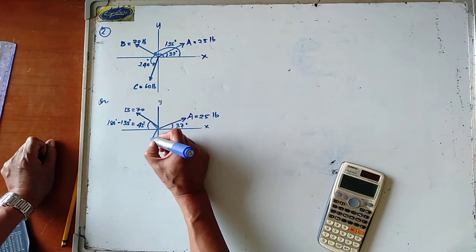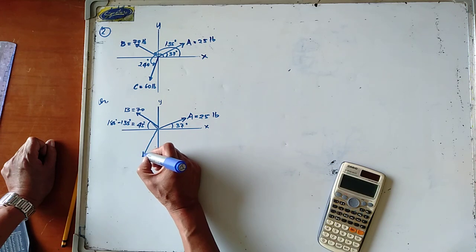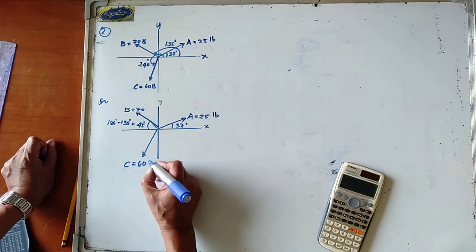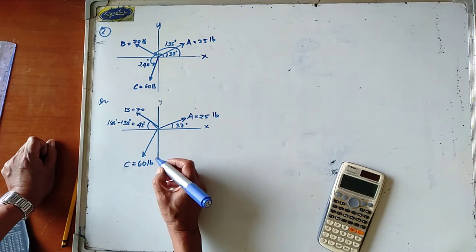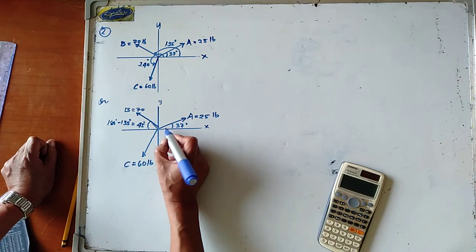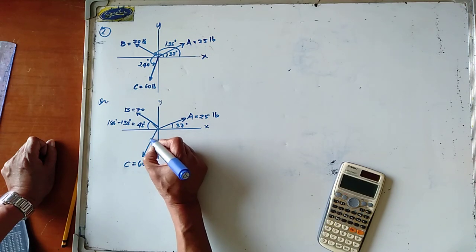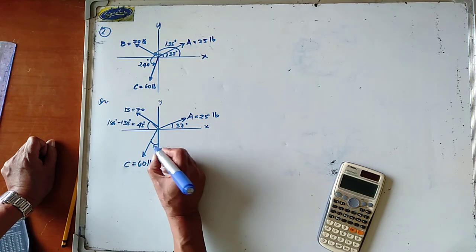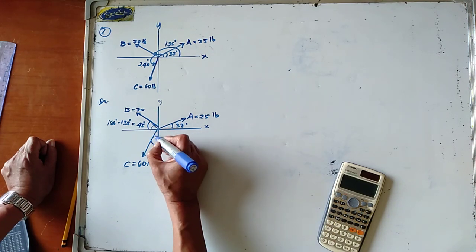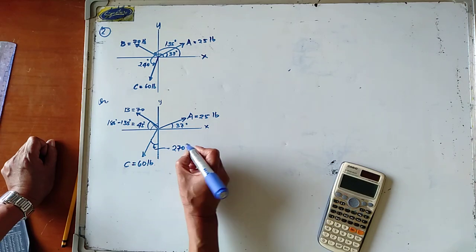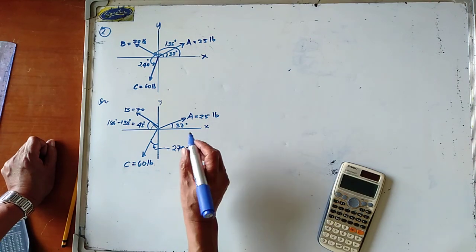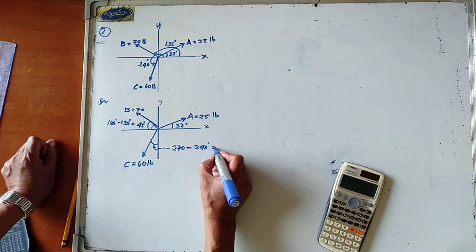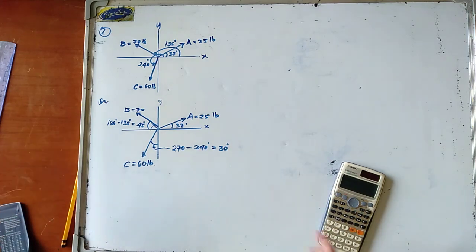This is your C, which is 60 pounds. This angle in here is 240, so this angle is 270 minus 240 degrees, or 30 degrees.